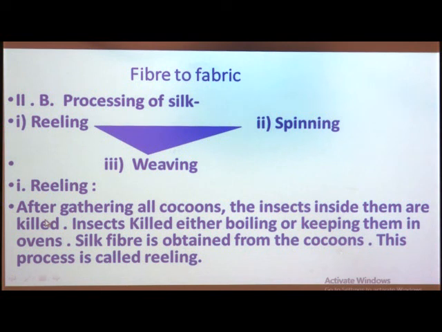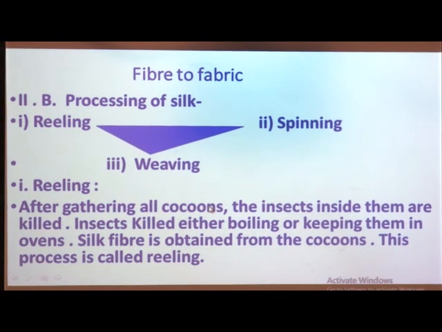We are going to kill them by boiling or keeping them in an oven. So what we have to do is keep these cocoons in hot water or boiling water, or we can also keep these cocoons in an oven.